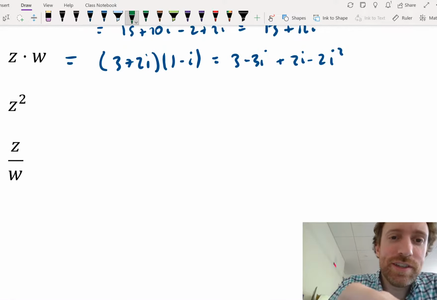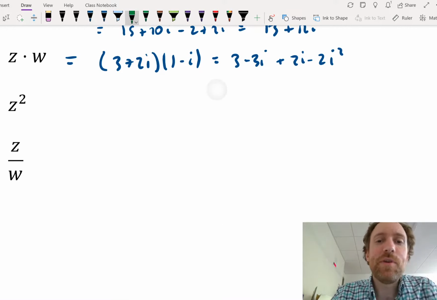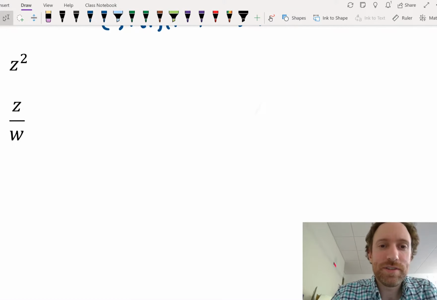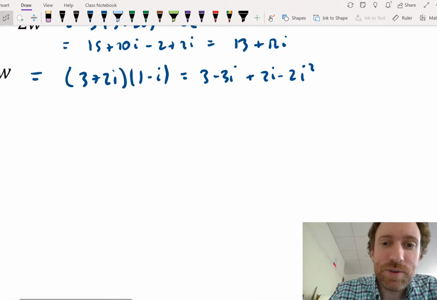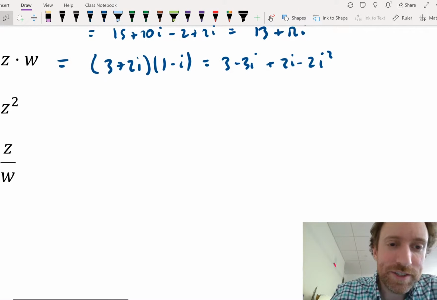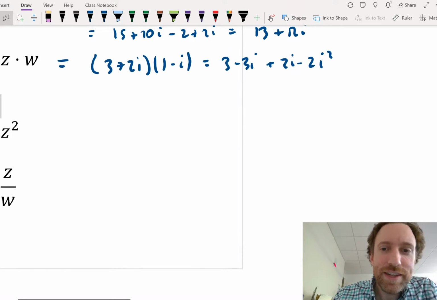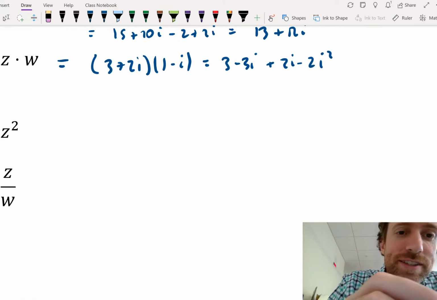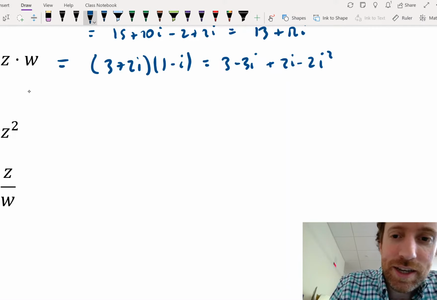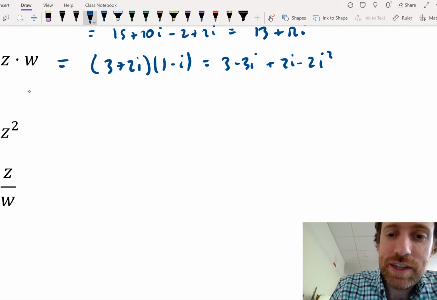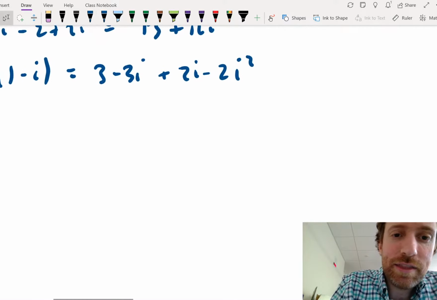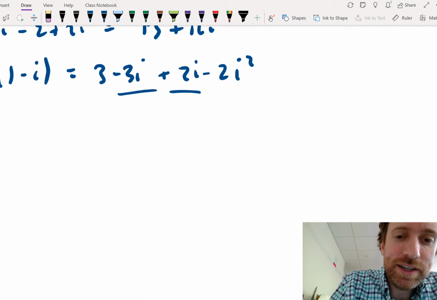So that's just the distributive property, or FOIL, or whatever you want to call it. Your old normal sort of calculation. Make sure you ask questions if you have any. Otherwise, let's continue. Now we want to combine like terms.